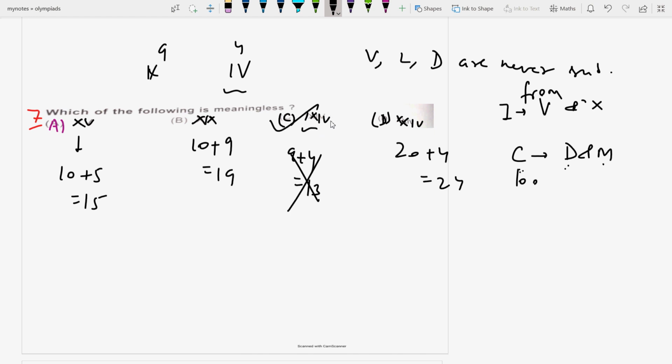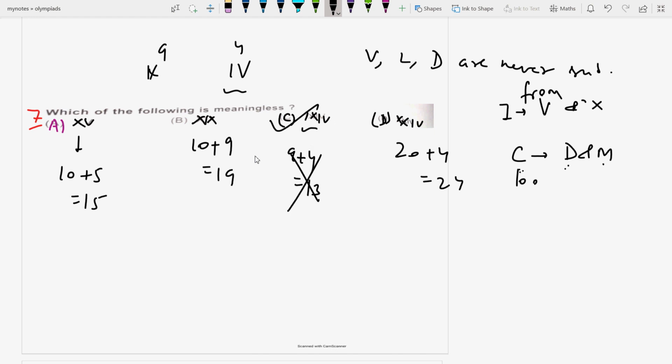Okay, but here this is meaningless, IXIV. See repetition: I, X, C, M can be repeated, V, L, D are never repeated, and no symbol in a Roman numeral can be repeated more than 3 times. So I think that C is the better option. C is meaningless for this.